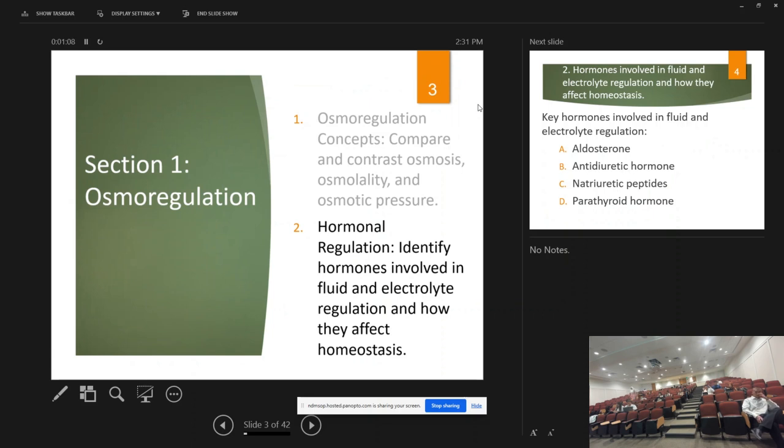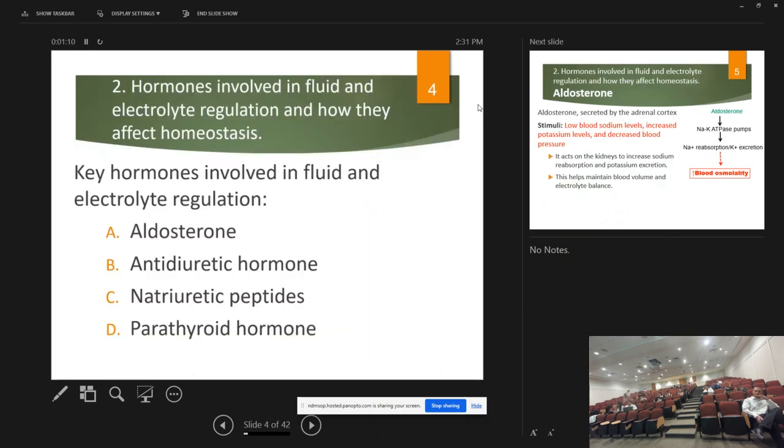So hormonal regulation. Let's look at what are the hormones involved in electrolyte and fluid regulation. You have already heard about these hormones at different times in your cardio course. So it's just bringing it back here with respect to the electrolyte and the fluid movement specifically. These are aldosterone, antidiuretic hormone.